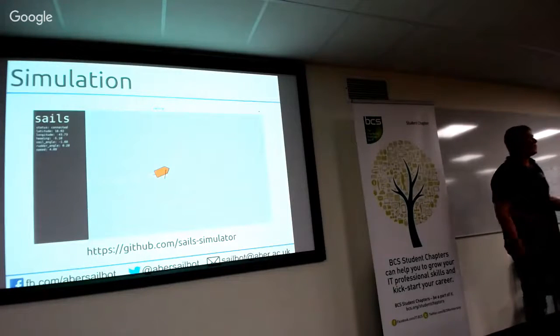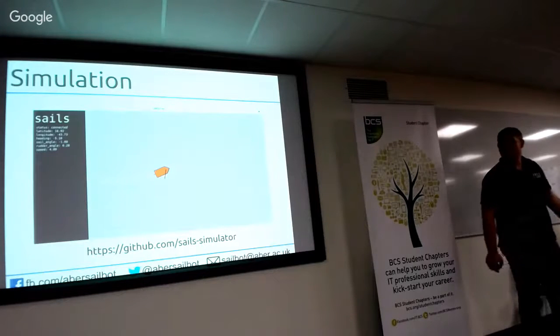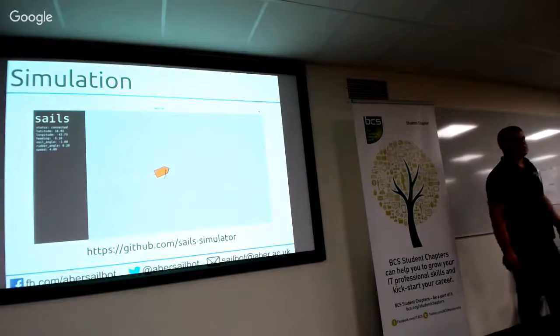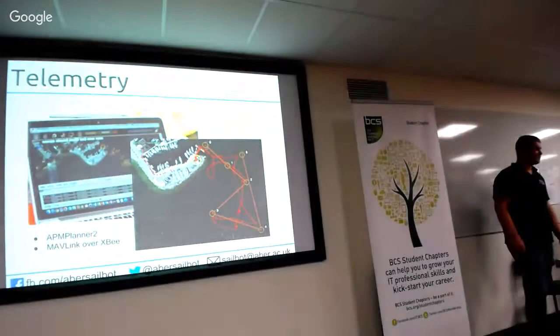That allowed us to test everything. It was quite useful, particularly when working on the beating algorithm, because we weren't able to put the boat in the water every time. It was difficult to see, so we ran it through SailsD, which was a good way to visualize everything.